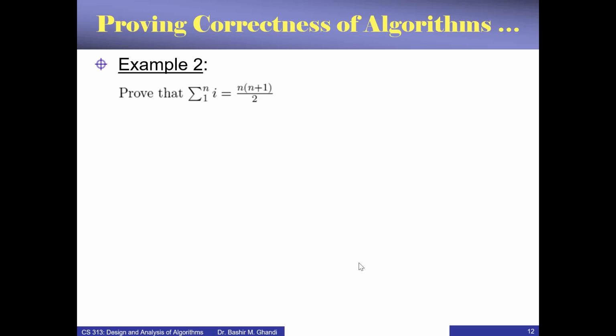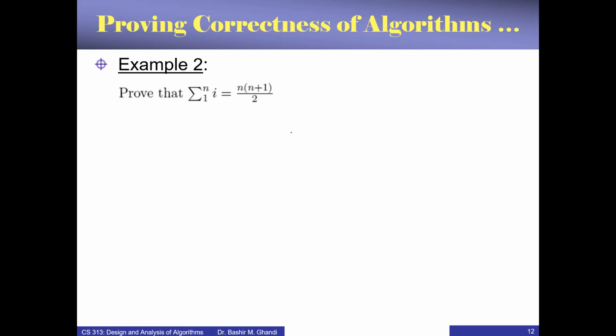Suppose we want to prove that the sum of integers i from 1 to n can actually be summarized as this formula: n times n plus 1 over 2. We're going to prove this by induction. I'm sure this is a very popular formula that we all know.